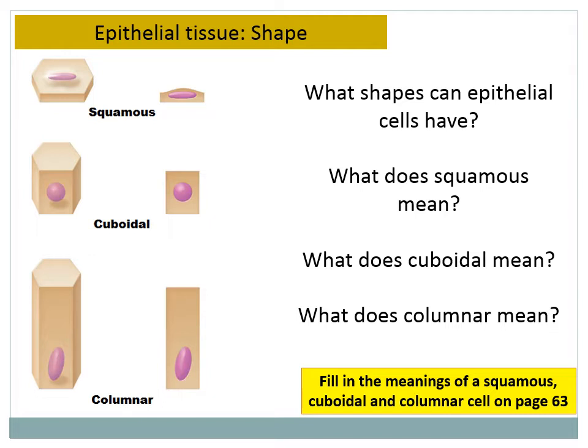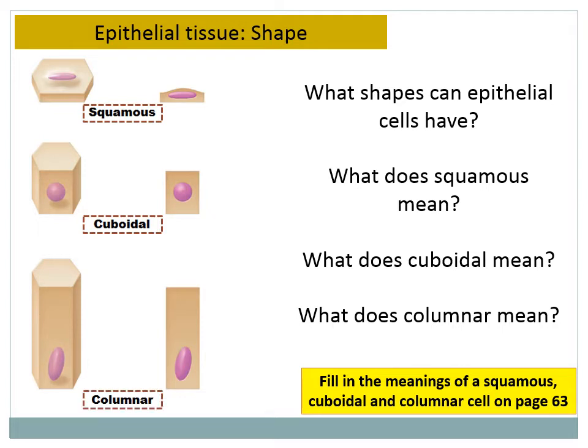We also have different types of shapes for our epithelial cells. So we know that they can be simple or stratified. We also know that they can have different shapes. So what are the shapes that epithelial cells can be? If you look over there to the left, we have squamous, we have cuboidal, and we have columnar.